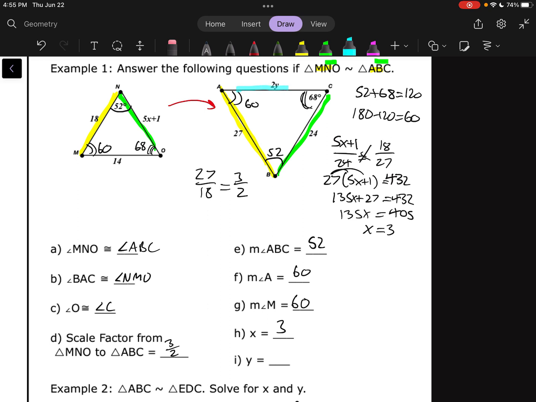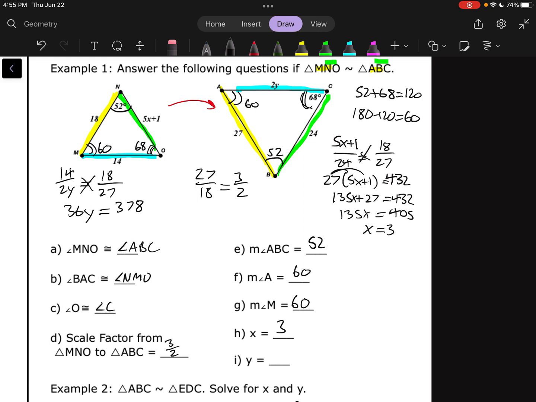Then for our y, it's hanging out here. That's the 2y. So let's do 14 over 2y is equal to 18 over 27. 2y times 18 is 36y. 14 times 27 is 378. 14 over 2y equals 18 over 27, yeah.